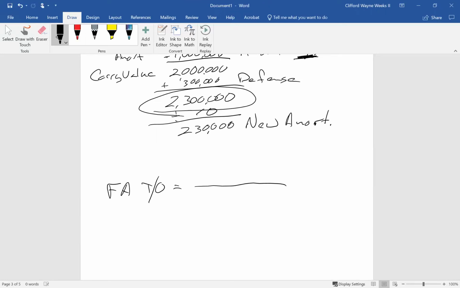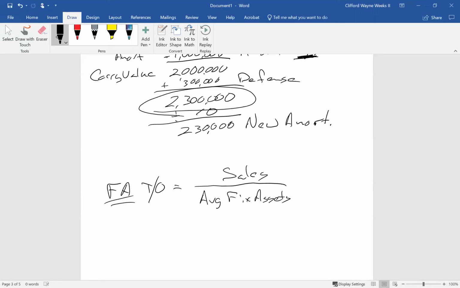And so because it's a fixed asset, we're going to take the average fixed assets. To get that, you're going to take the beginning fixed assets and the ending fixed assets, add them together and divide by 2. That's going to give you an average. And then you're going to divide that into sales.